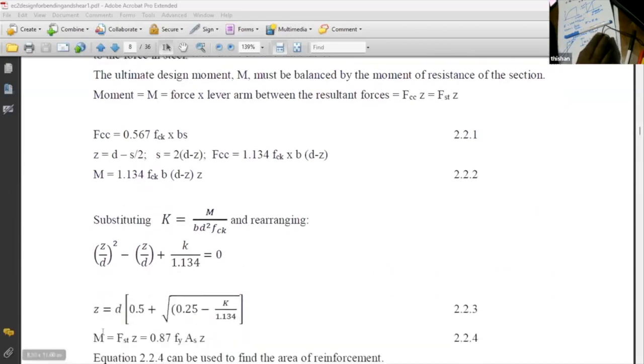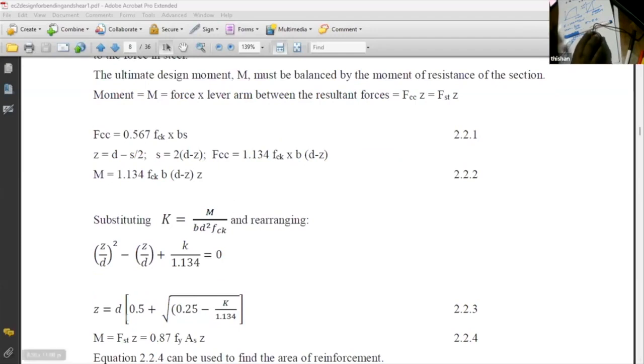The solution is Z as a function of K, where K is equal to M over b d squared fck. That means if you know the moment acting on a section, the breadth, the depth, and the cover to the reinforcement, you can calculate the d value. The grade of concrete is known, 30 megapascal or 35 or 40 or 25 megapascal, so fck is known, effective depth is known, and breadth of the section is known.